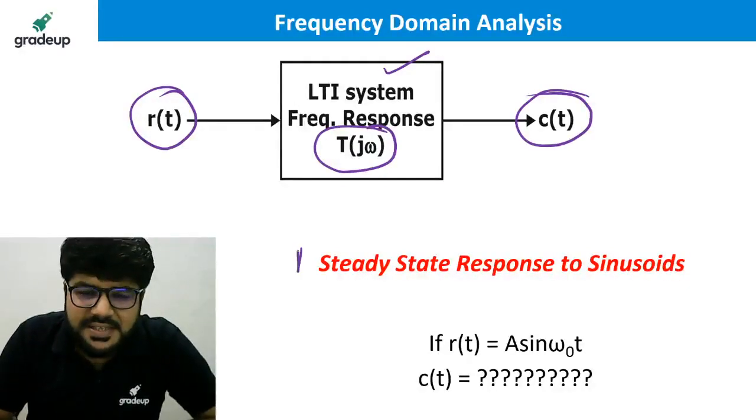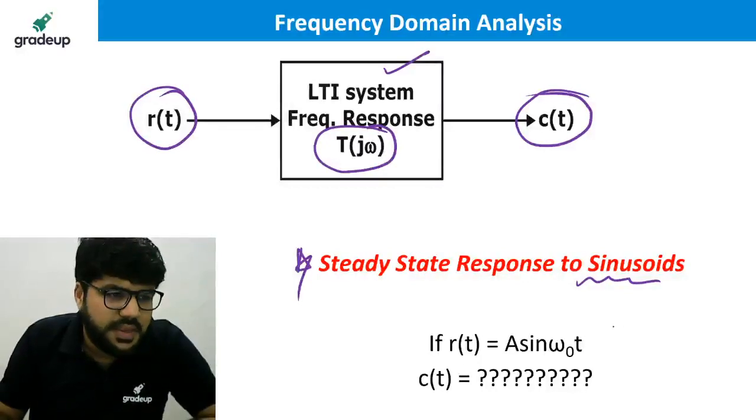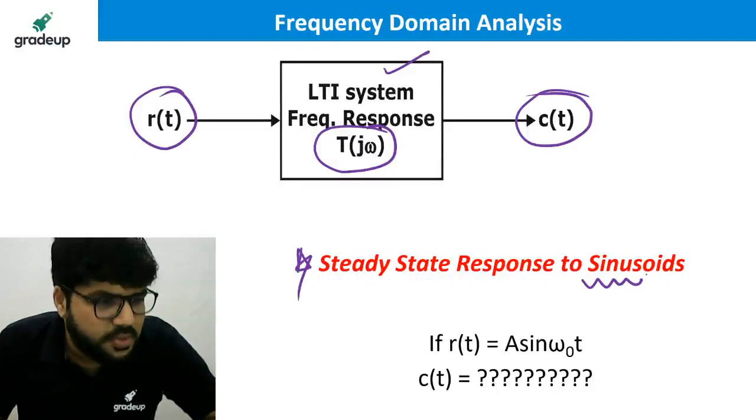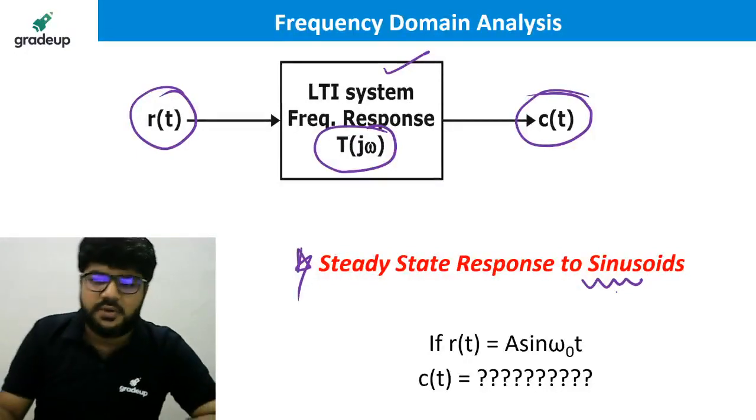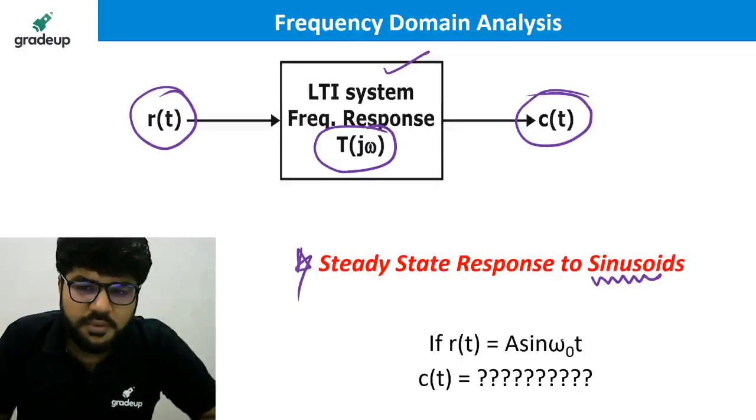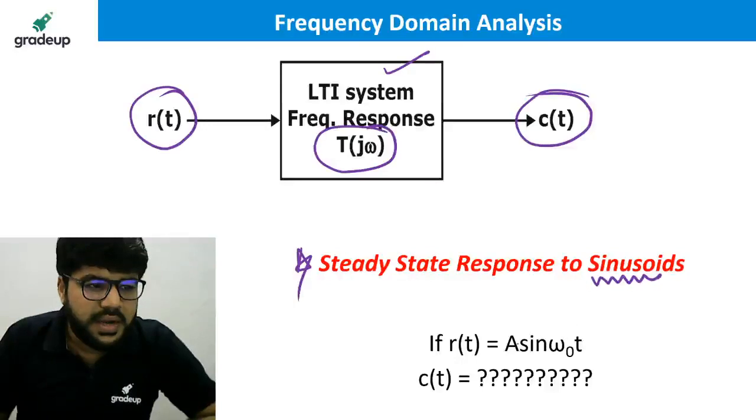What is the steady state response of this system to sinusoidal input of the form A sin omega naught t? Omega naught is the angular frequency only.